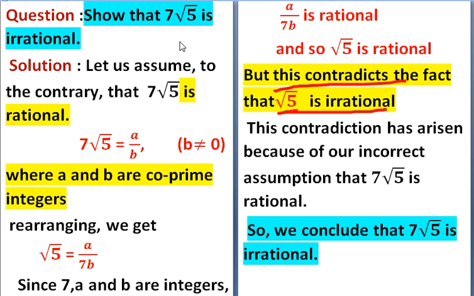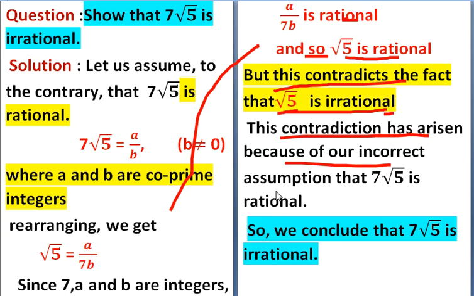In this method, the examiner assumes that you know root 5 is irrational. According to the solution of this question, root 5 equals a by 7b, which is rational, so root 5 is rational. But this contradicts the fact that root 5 is irrational. This contradiction has arisen because of our incorrect assumption that 7 root 5 is rational.